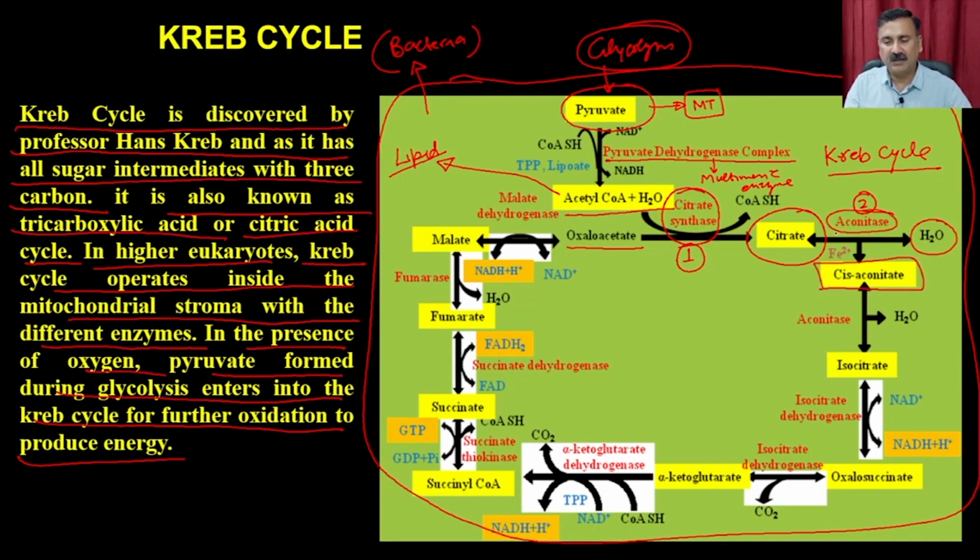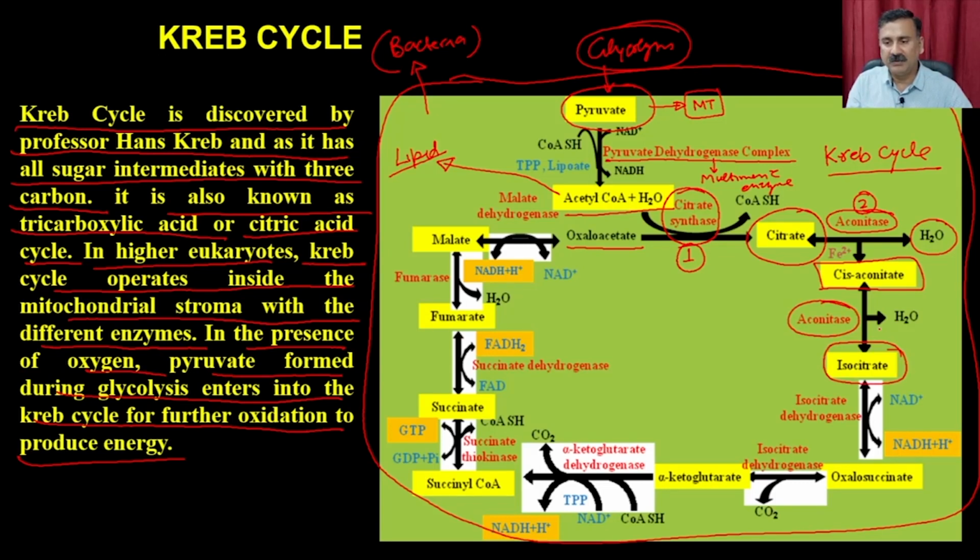So aconitase is going to catalyze the dehydration reactions, and that's how it is going to produce the cis aconitase. Now it's going to have another round of dehydration, and as a result the cis aconitase is going to form the isocitrate.